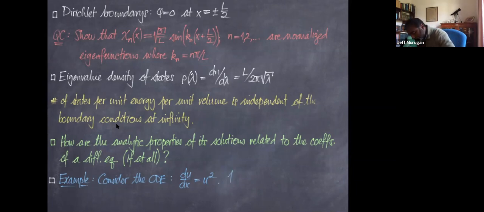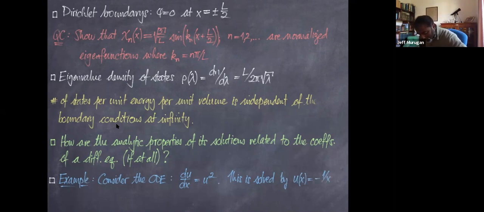So this is solved by the function u of x equal to minus 1 over x, as you can check quite straightforwardly.